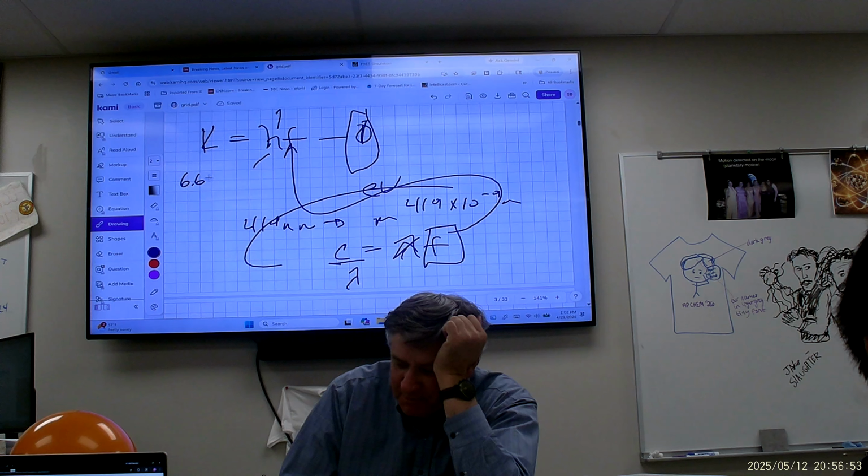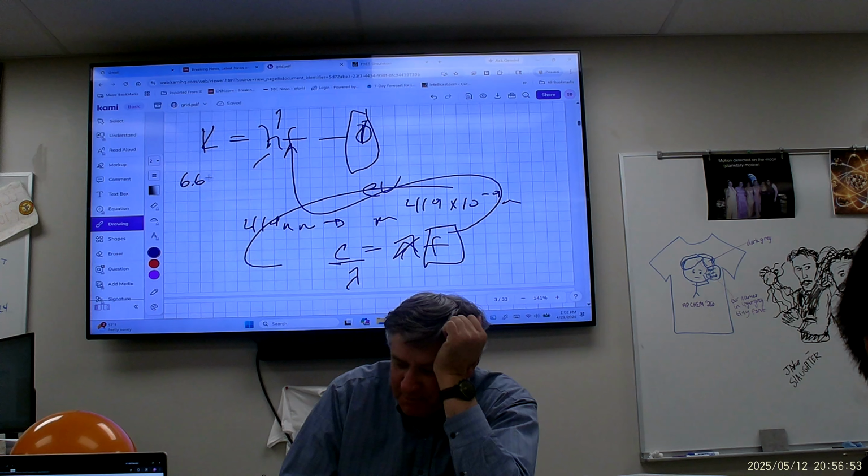You change that into meters, which would be 419 times 10 to the minus 9 meters. Then you would roll that into c equals lambda times frequency, so you would take the speed of light and divide it by that wavelength to get the frequency by itself.